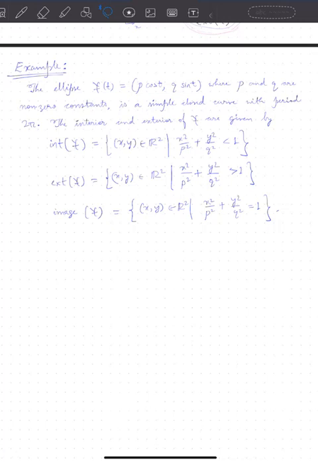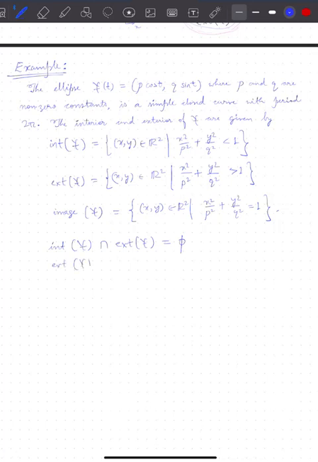It's a trivial thing, but the interior of gamma vector intersected with the exterior of gamma vector has no common points, so this is the empty set phi. Likewise, they are all mutually disjoint sets.